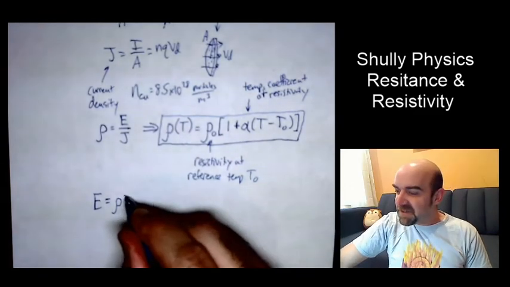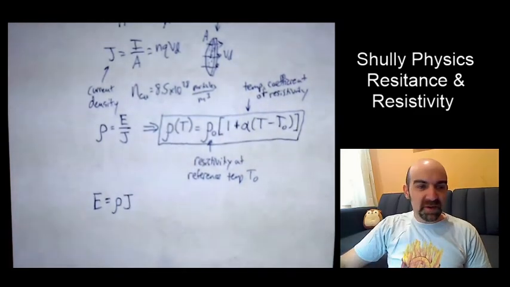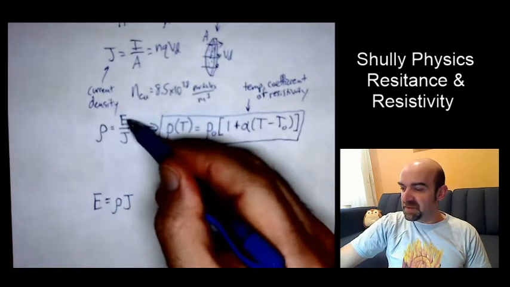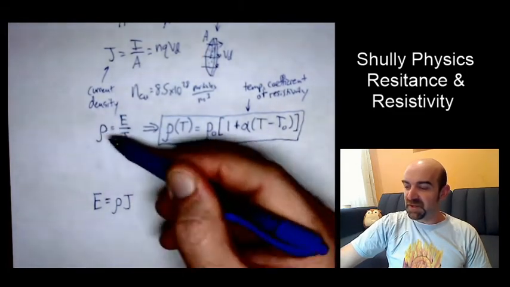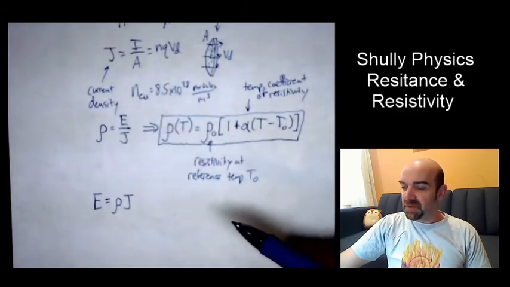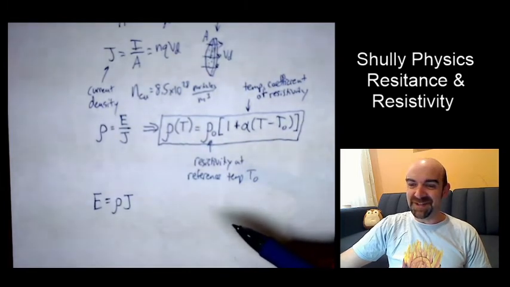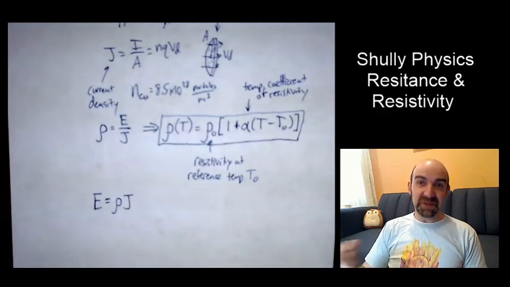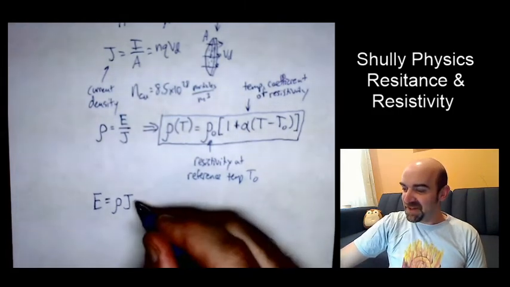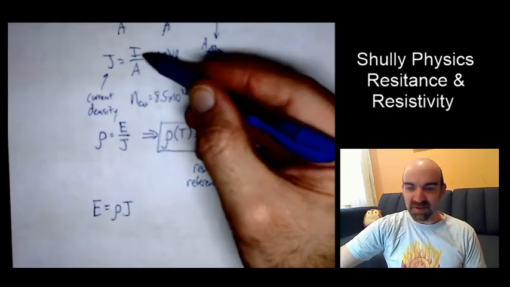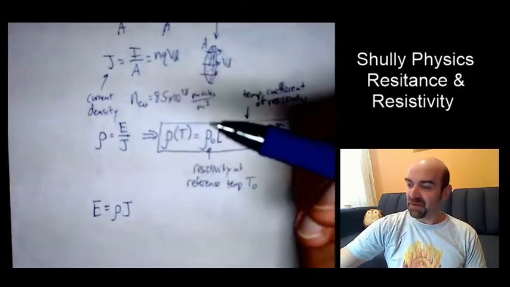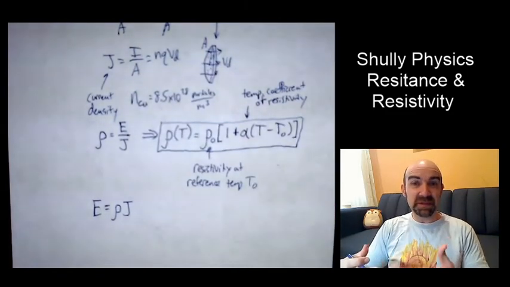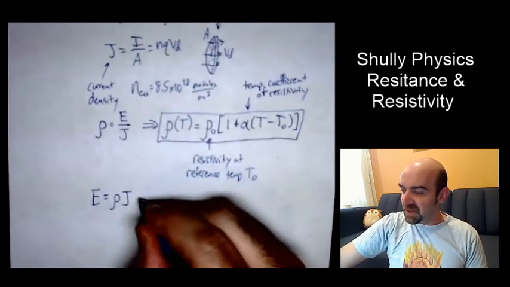All right. So what I've done is just rearrange this. Electric field equals rho times the, what is that called? The current density J. And here we're going to transform that current density and forget about it from here on. So you might also recall that the current density is current over cross-sectional area. So we're trying to bring the dimensions of the wire into this. That's the reason I'm doing this.